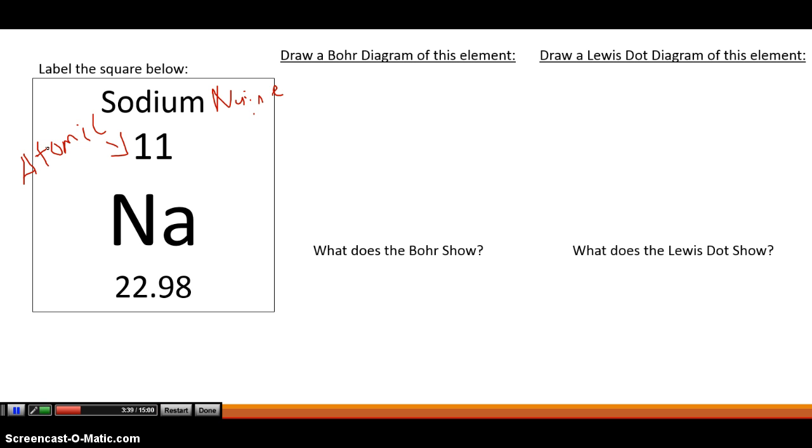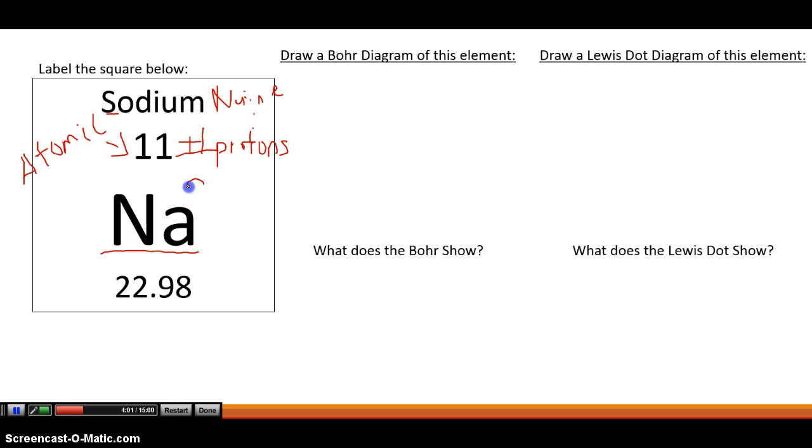It represents the number of protons. This abbreviation here isn't always going to be the first couple letters of the name, though a lot of the time it is.